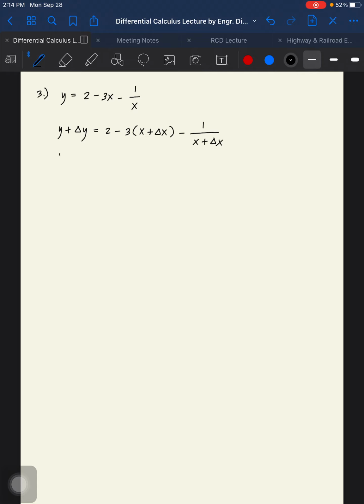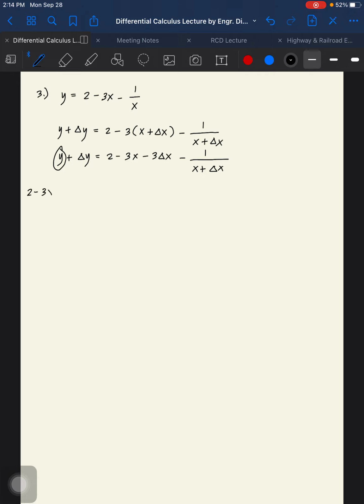Then let's expand. y plus delta y equals 2 minus 3, should be negative 3x minus 3 delta x minus 1 over x plus delta x. Then substitute for the value of y.